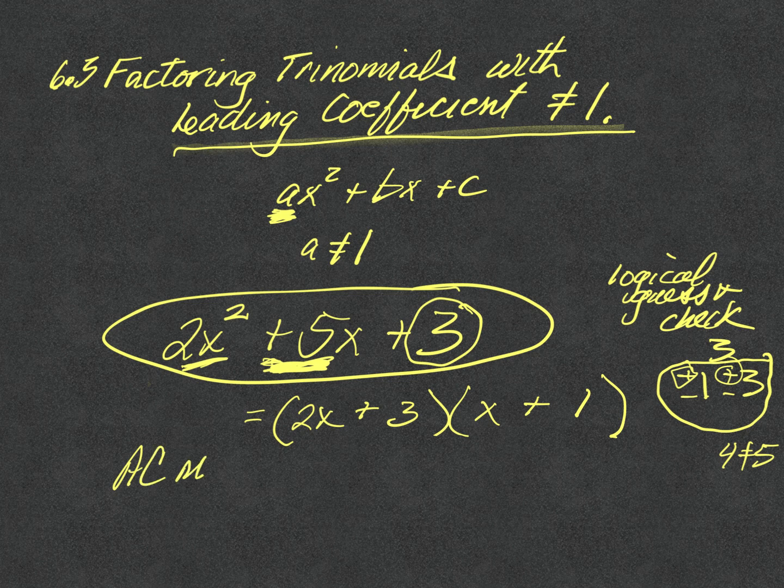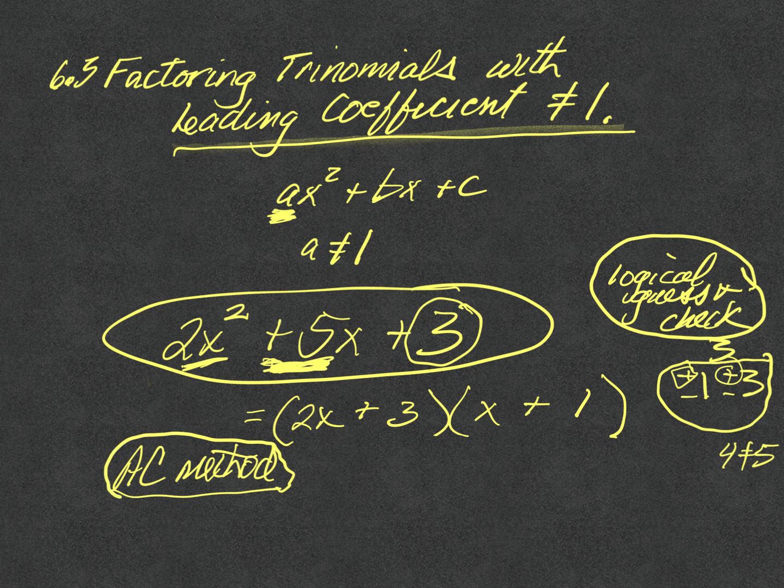I want to talk to you about the AC method, but I want to flip to another page. We're going to do this problem again by the AC method. And if you're really good and you can do logical guess and check and get these, then do that. But if you're having problems factoring, then doing the AC method is really a good way to break these apart. So let's talk about that, and I'll show you on the next page.